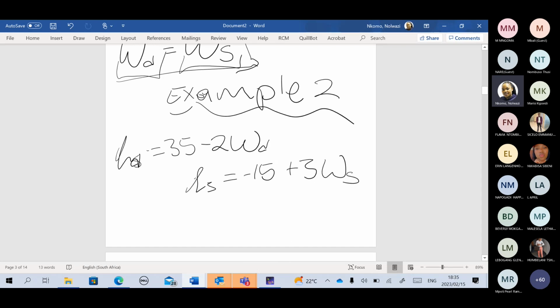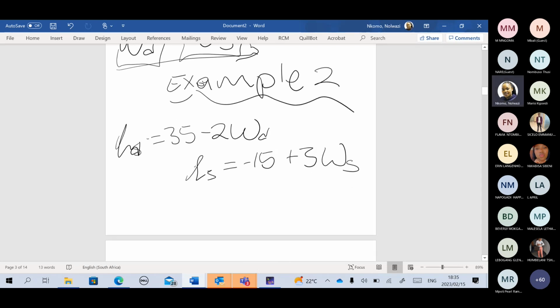You see, our equations, like our functions, they are both given as a function of W, right? Meaning if we equate these two and solve them simultaneously, then we'll obtain the wages at equilibrium.